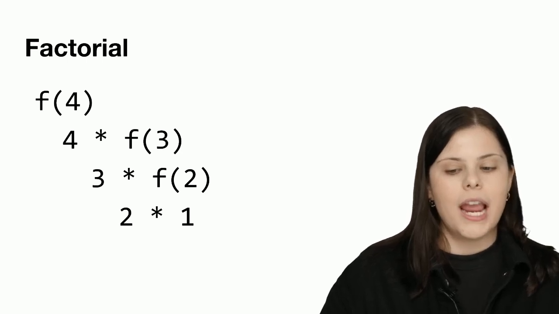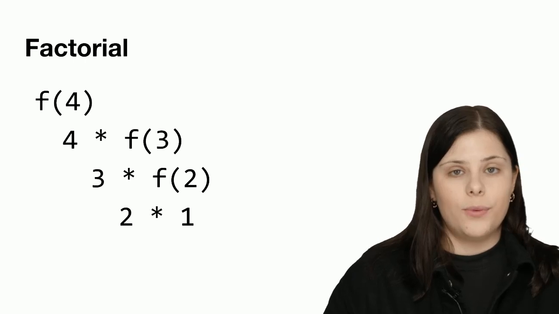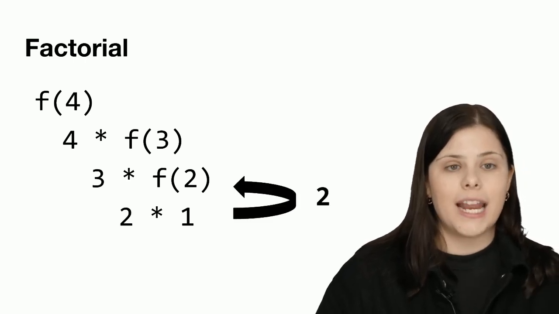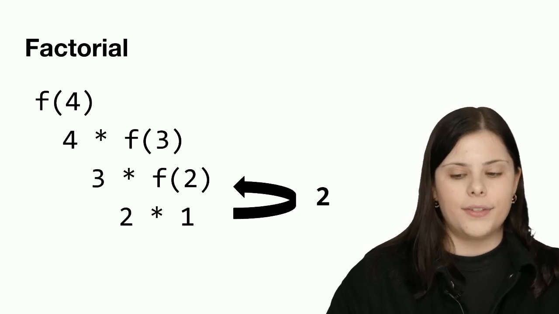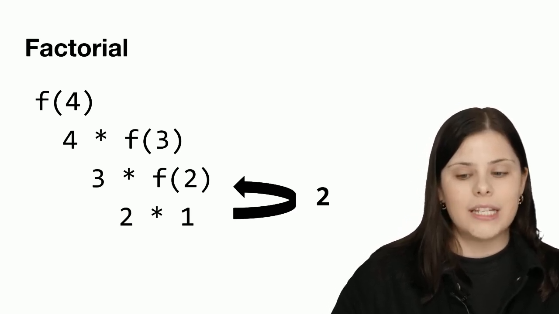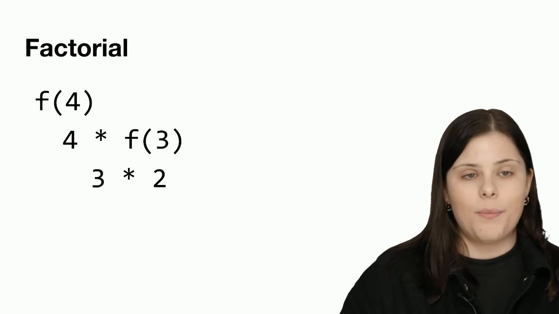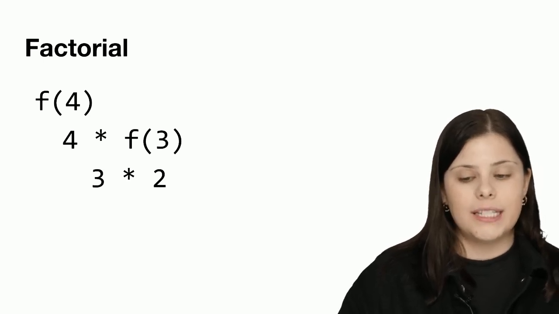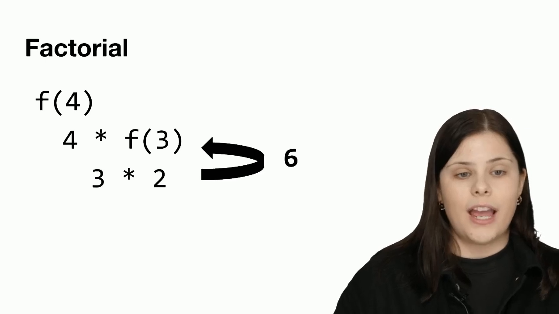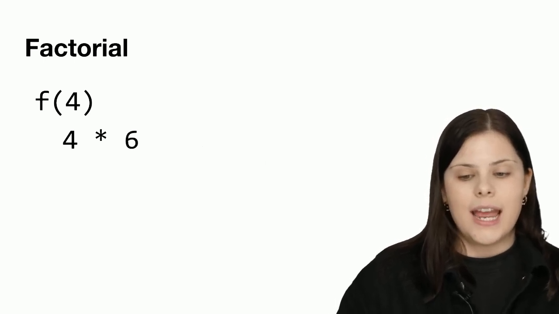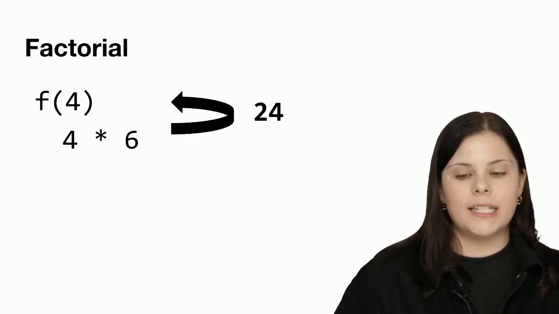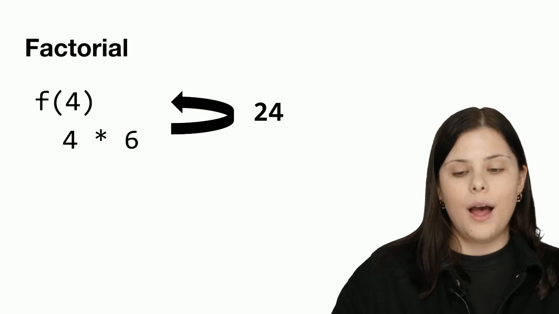In the same way, 2 times 1 equals 2, and so we can plug it in instead of f2, which in turn will give us 3 times 2. We're going to make this step a couple more times. So 3 times 2 is 6, and so we're substituting f3 with 6. And now we have 4 times 6, which we're again plugging back up, and we get 24 in the very end, which is factorial of 4.